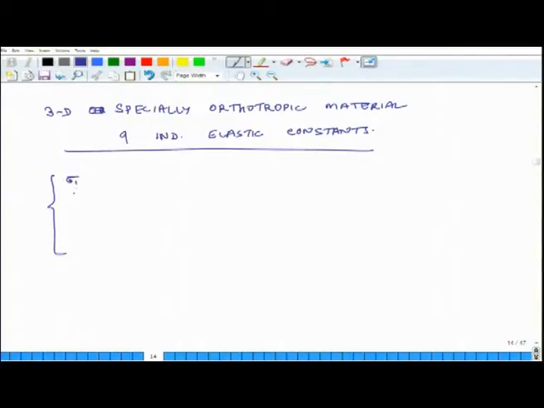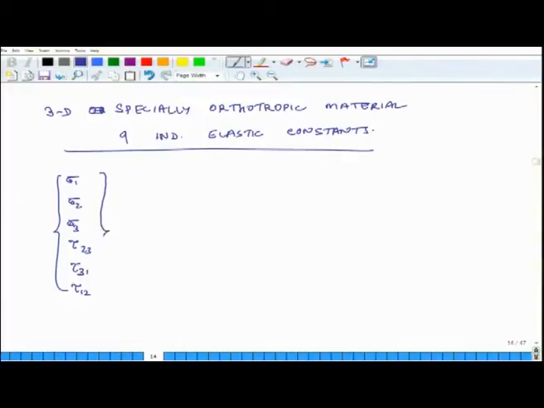Sigma 1 means sigma 1 1, sigma 2, sigma 3, tau 2 3, and here again remember I am not writing sigma 1 2, I am writing explicitly tau 2 3, I am not writing sigma 2 3, tau 3 1 and tau 1 2.